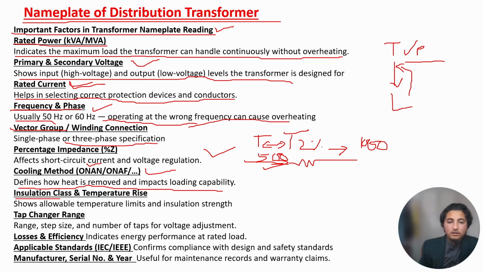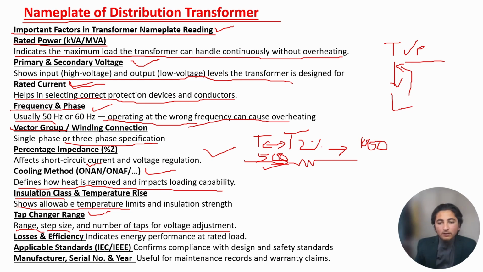And the next one is insulation class and temperature rise. It shows the allowable temperature limit and insulation strength of the transformer. And the second important one is the tap changer. The tap changer is very important for the range, step and number of taps for voltage adjustment.